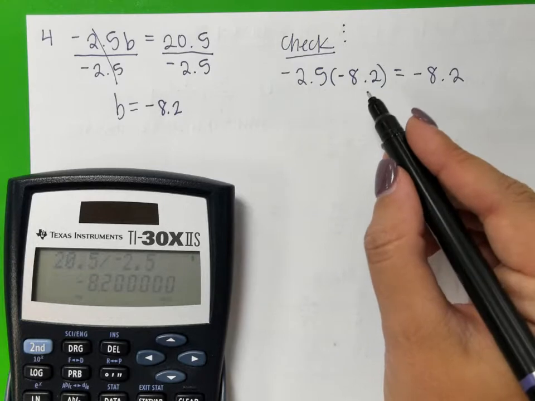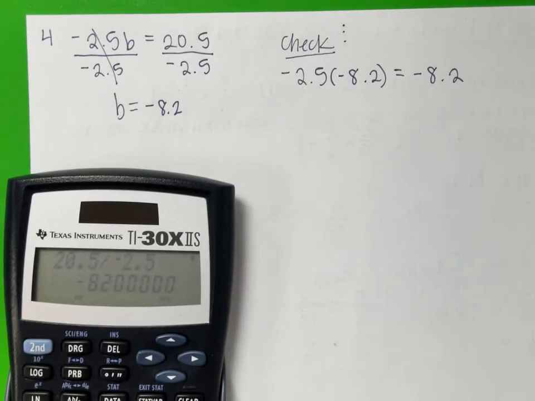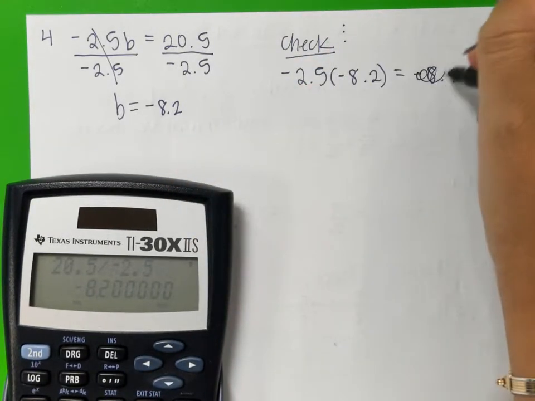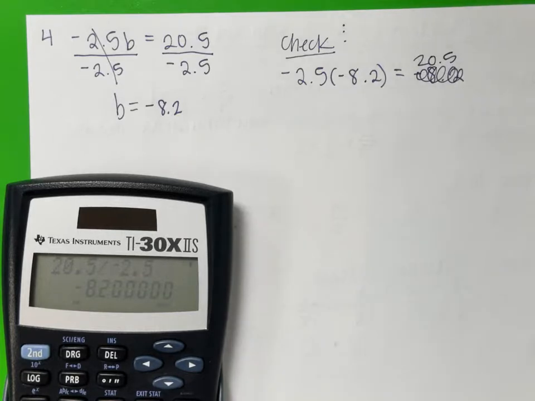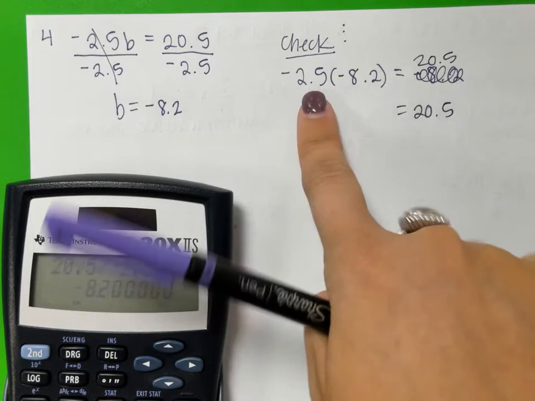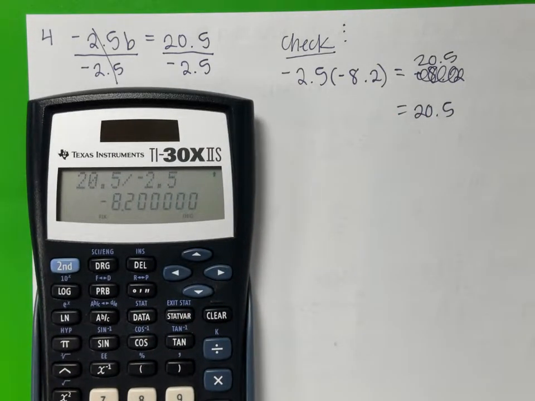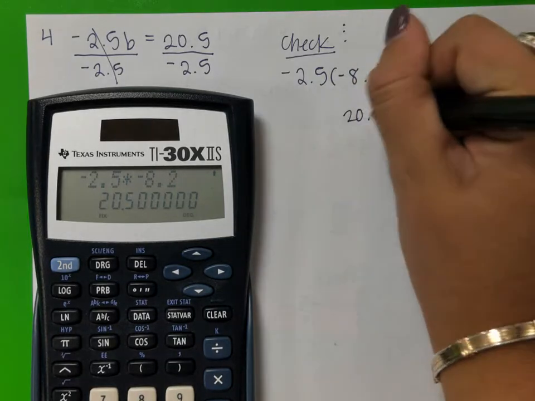So then I need to plug this in to see if it really equals, oh sorry, it shouldn't equal negative 8.2, should it? No. It should be equal to 20.5. So then I want to multiply negative 2.5 times negative 8.2, and it gives me 20.5.